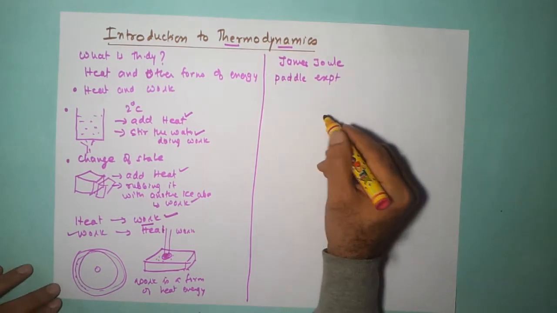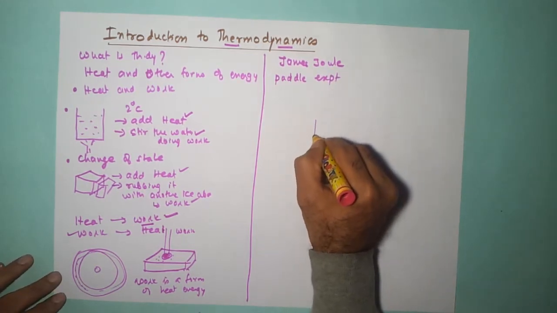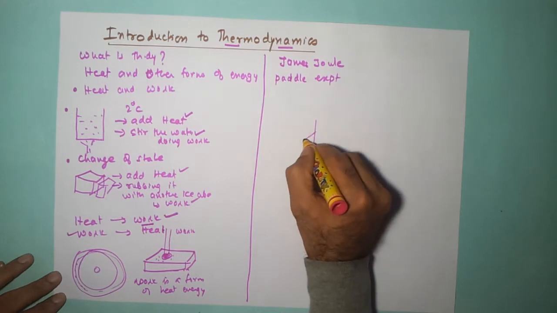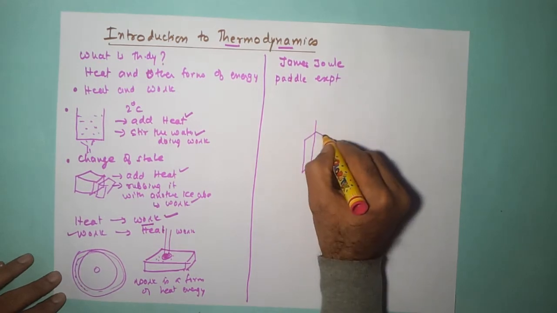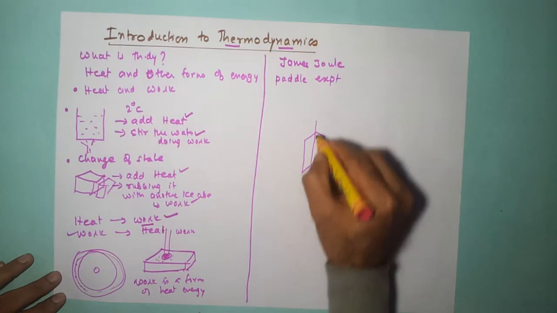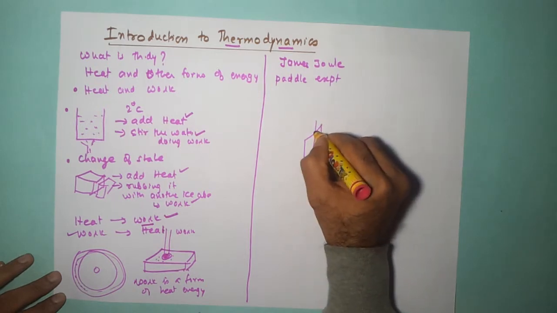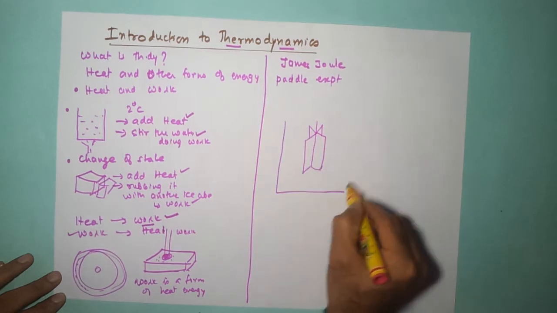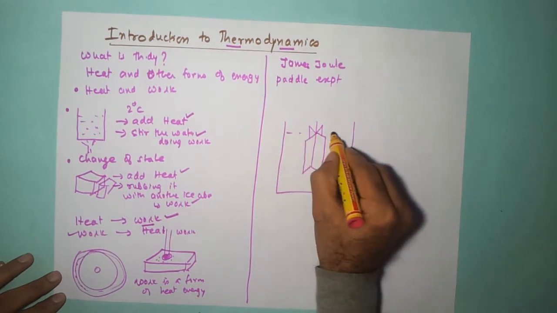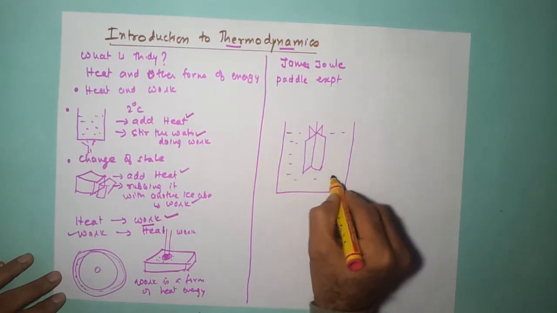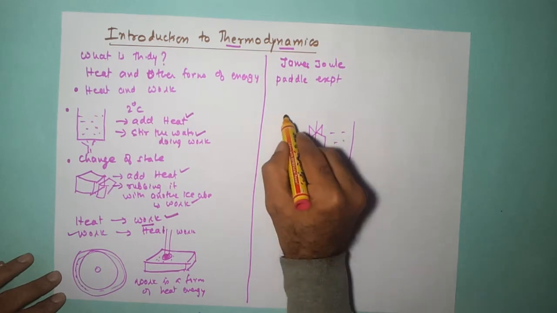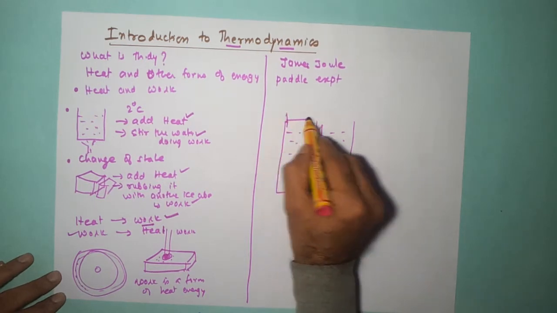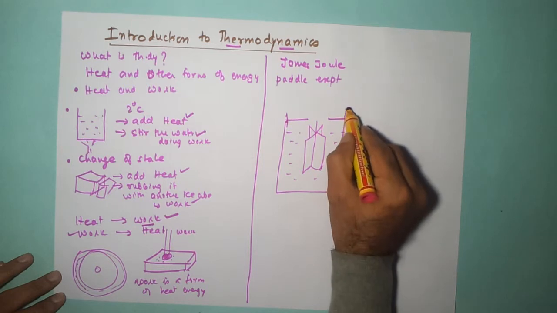So what he did was he made an arrangement something like this. He had a spindle on which he had these paddles mounted, and this was kept inside a container with some liquid. So you had this liquid over here, and of course this was insulated, and there was a facility for measuring temperature.